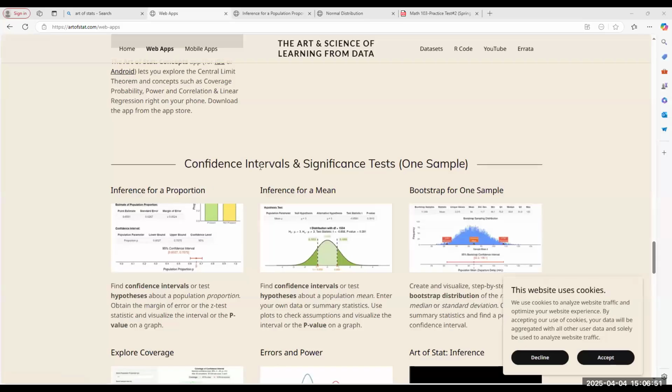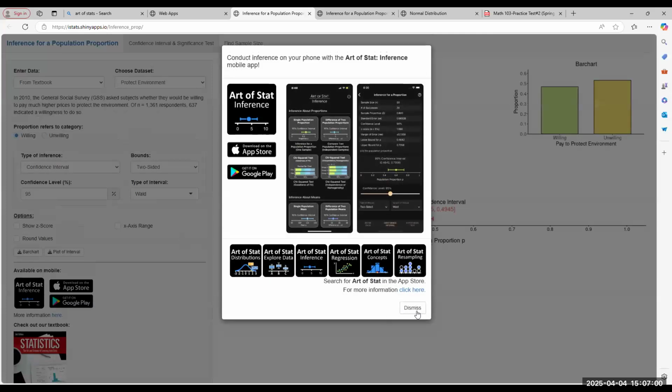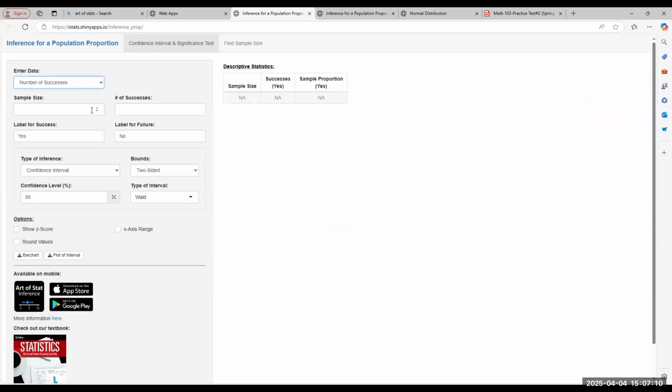Okay, that's a web page with the confidence interval, inference for the proportion. Go to the proportion, dismiss this. You are interested in the confidence interval. From the text, change it to the number of successes. Now, check the numbers.